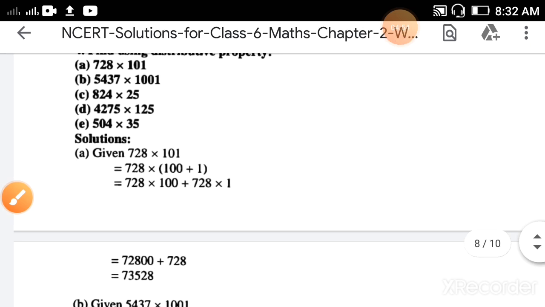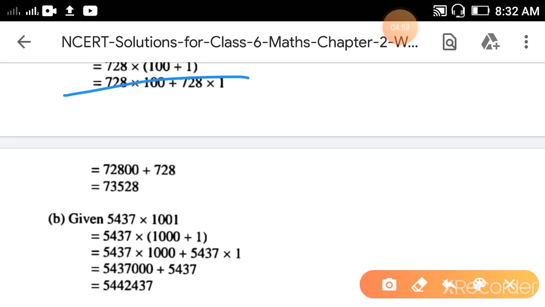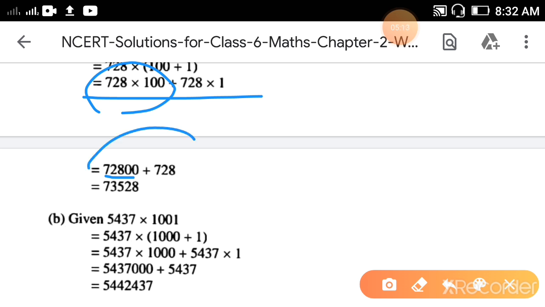You can see 728 into 100 plus 728 into 1. Now the multiplication of these two: 728 into 100 is 72800 and 728 into 1 is equal to 728. Now sum that, try yourself, it is very easy.